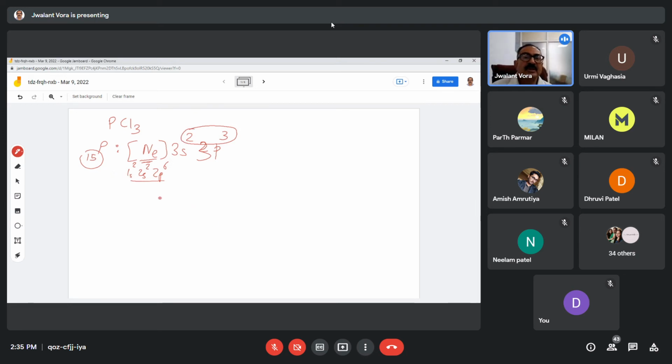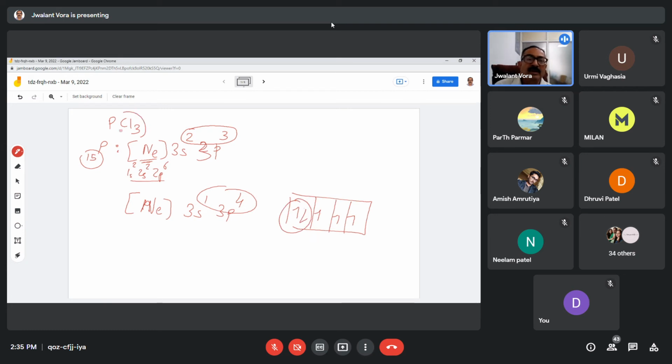This is about the ground state. Excited state: neon core, 3s1, 3p4. So here also a total of 5 electrons are present, 1, 2, 3, 4, 5. So one lone pair is there.